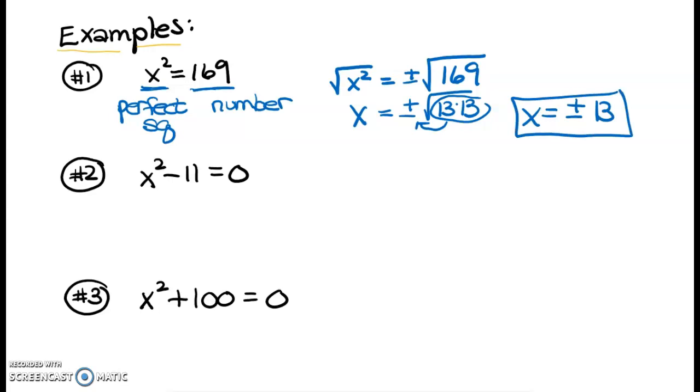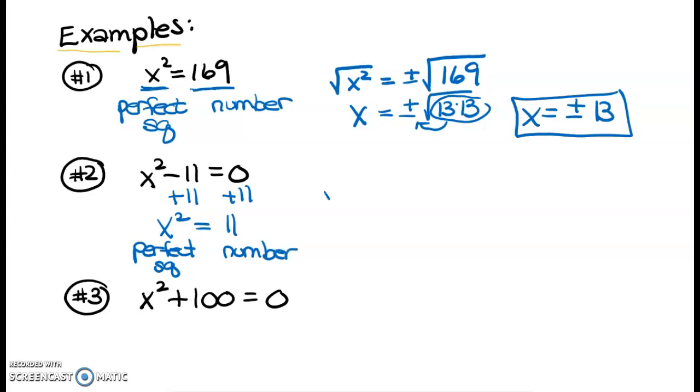All right, next one. Well, here you notice that we don't have a perfect square that equals a number, but can we get it? Well, I think so. I think if we add 11 to both sides, we get x squared equals 11, and now we have that perfect square that equals a number. So we can use the square root property.